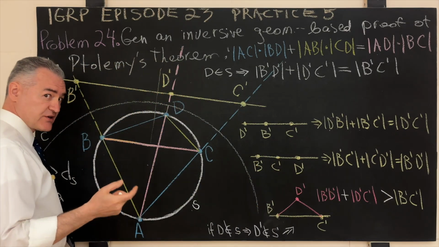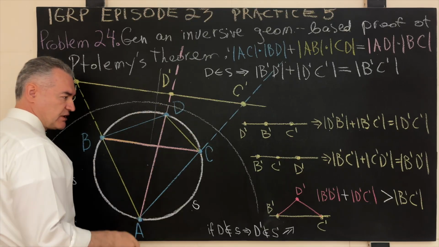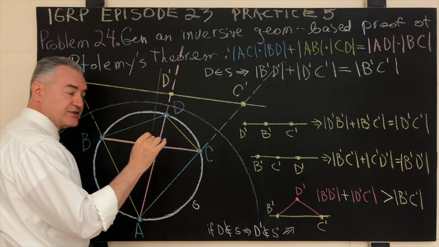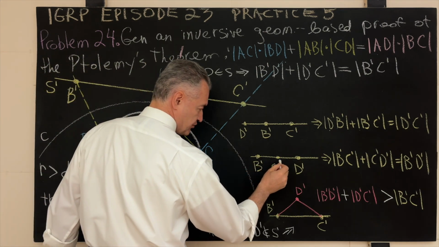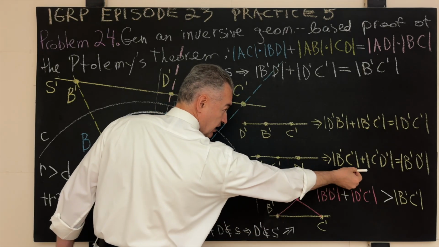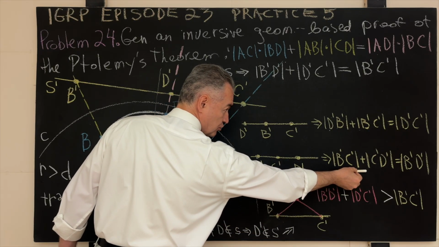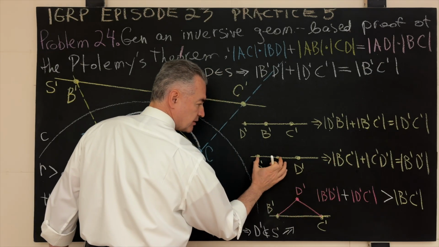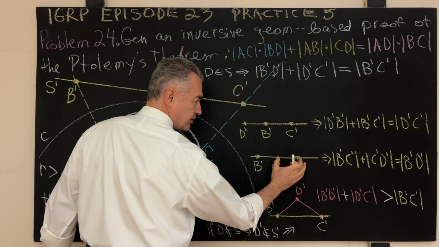Again, right, left, it's all logical, up and down, or outside. Or we can say, in terms of David Hilbert's in-betweenness axioms of geometry, the point C prime is located in between the points B prime and D prime. Consequently, the partitioning is shown over here: the distance B prime C prime plus the distance C prime D prime.